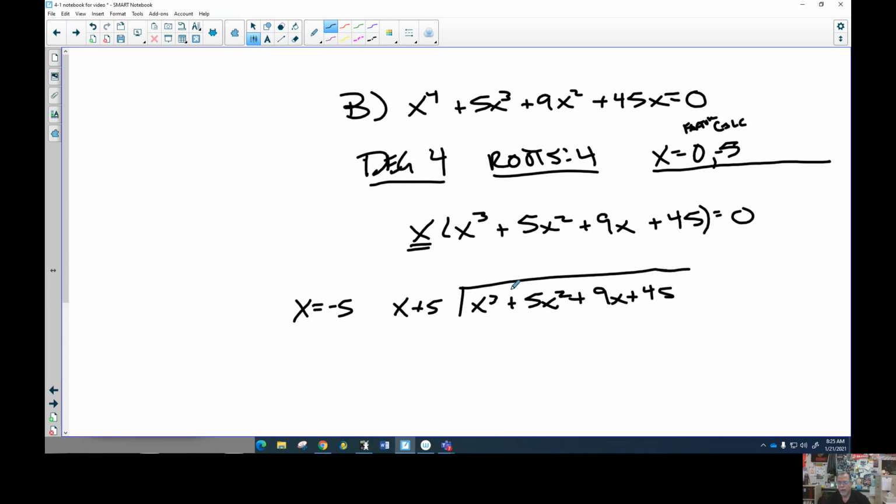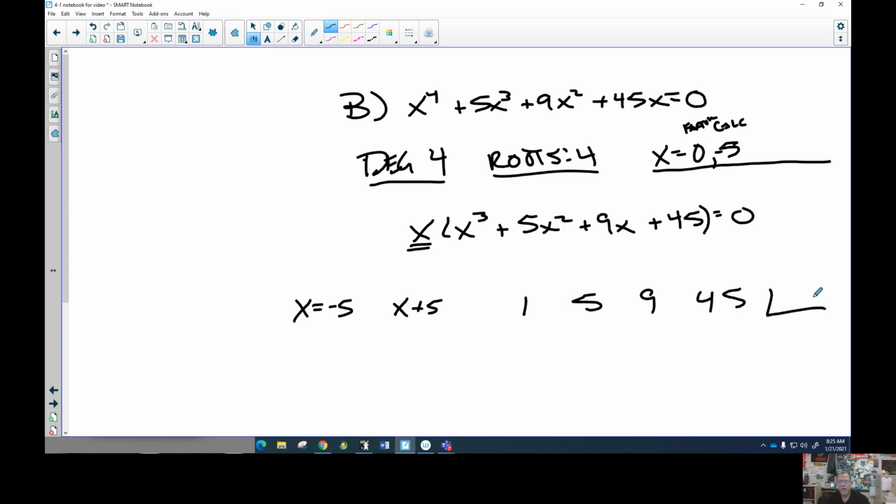All right, I could do this with synthetic division or with long division. All right, in fact, let's do synthetic. We don't do enough examples of that. If I'm dividing x plus 5 into that, then that means we would use 1, 5, 9, 45, and in the box would go -5, a root.